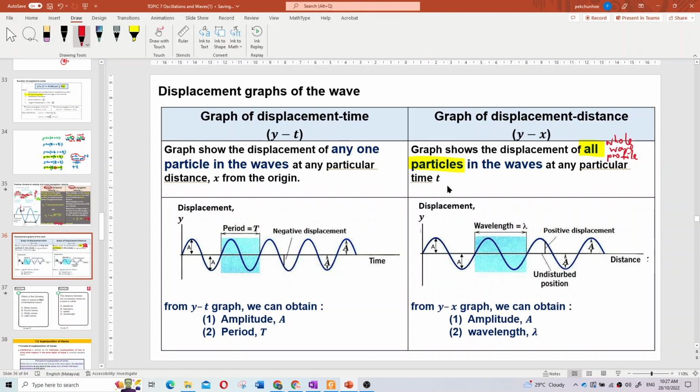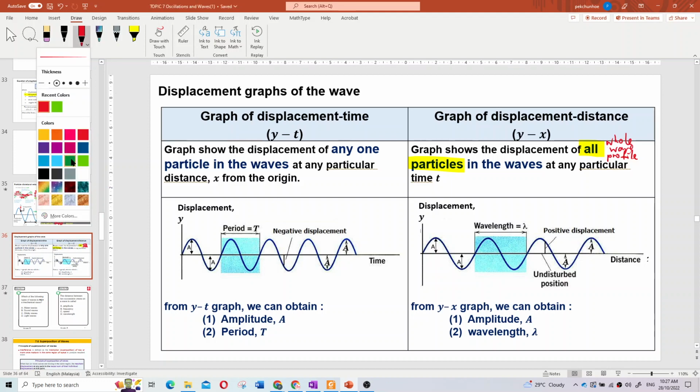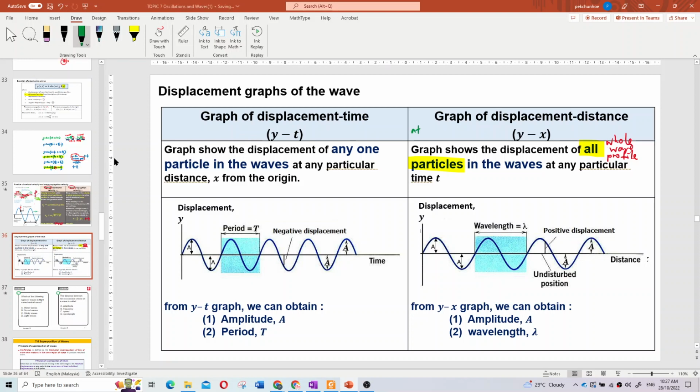Normally he gives you the time. Let's say at time t equal to 6 seconds, or at time equal to 10 seconds, macam tu.